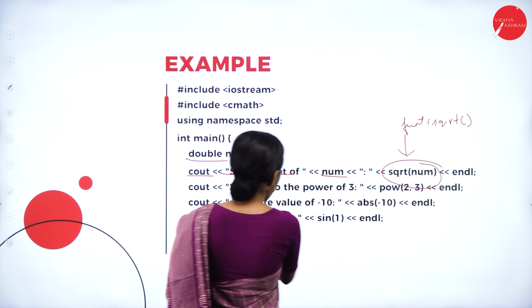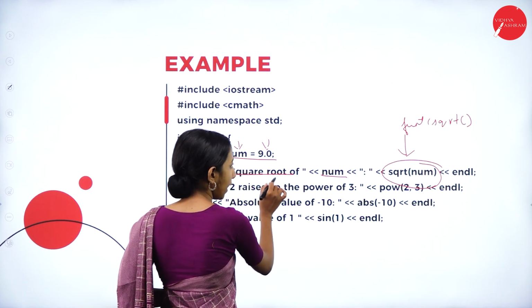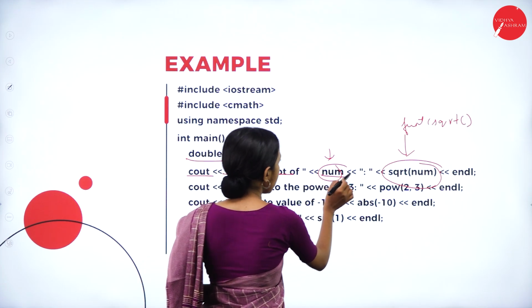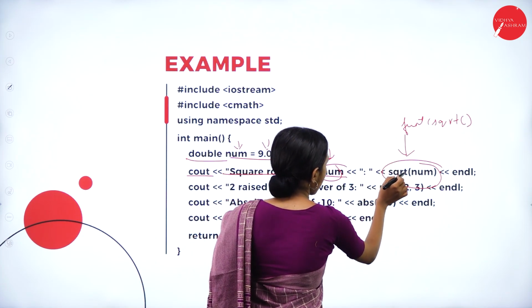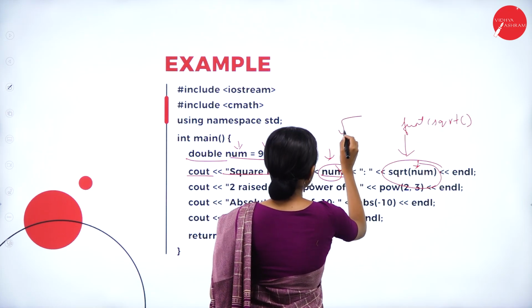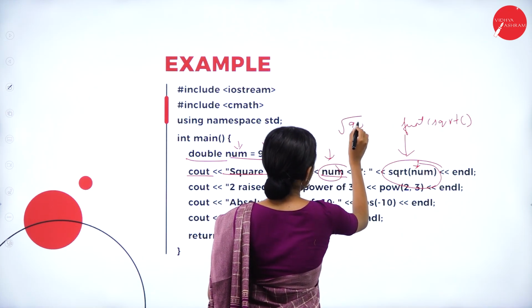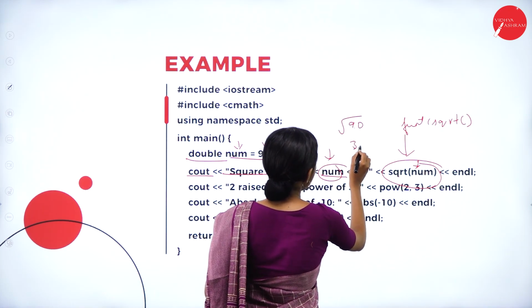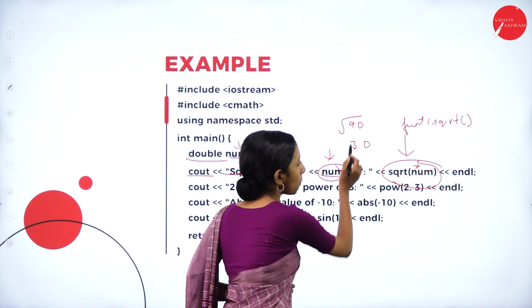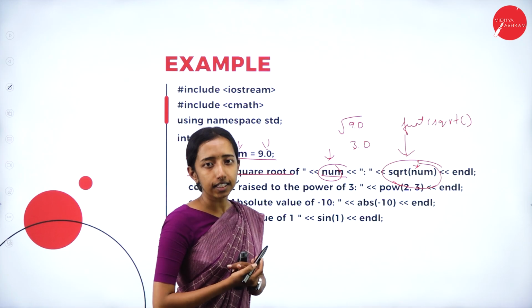In the cout I am taking the text square root and the variable num that I declared here, and passing sqrt of num. So the square root of 9.0 will give 3.0.